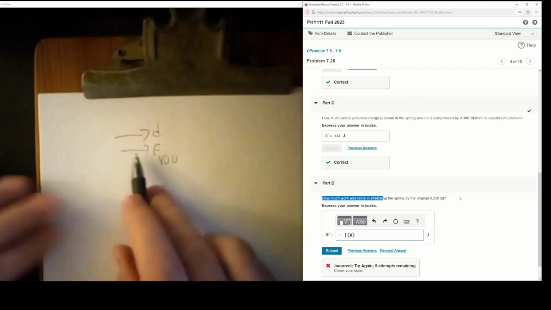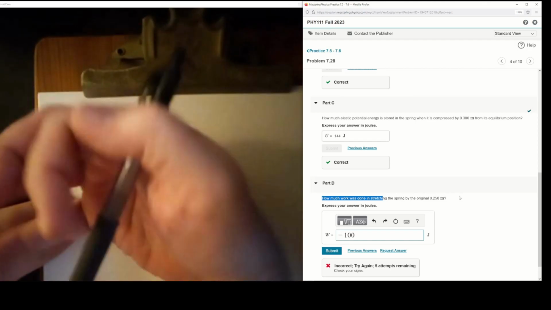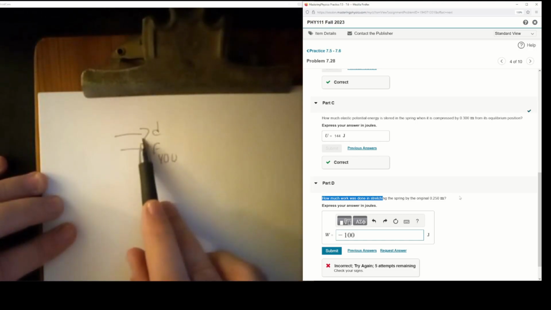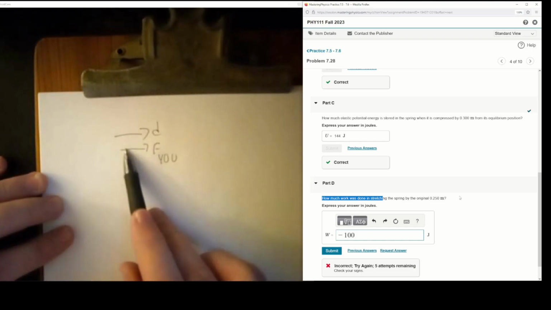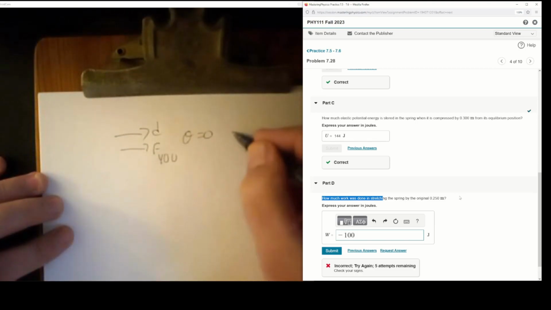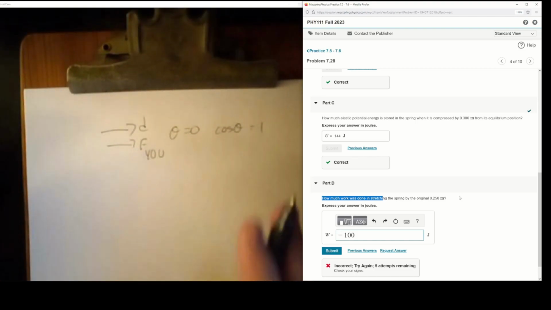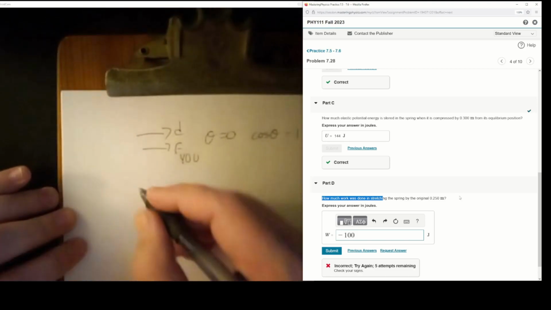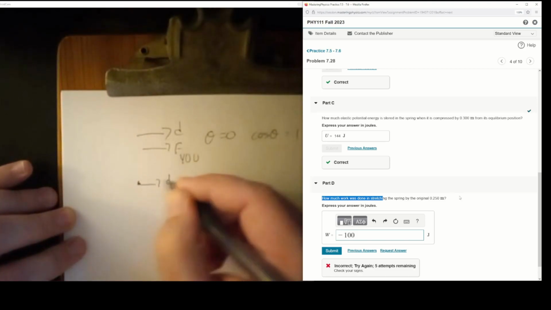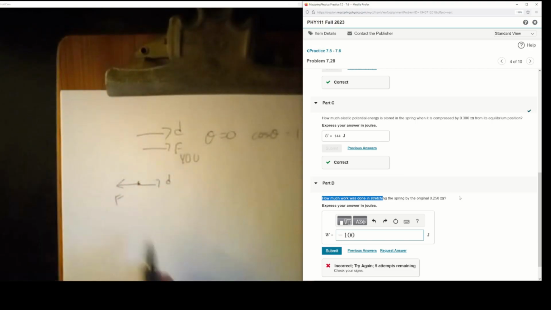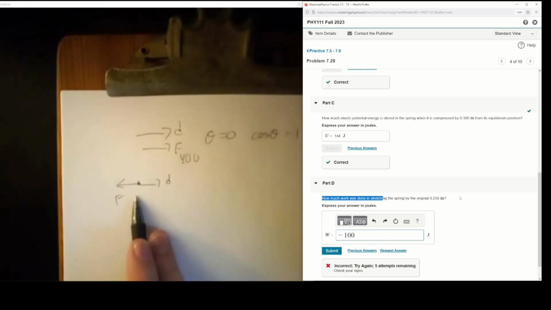If you're pulling on a spring, you're pulling it in the direction of displacement. In this case, connecting these vectors tail to tail, their angle is 0, and cosine 0 gets us 1, and so our number would be positive for that. So the work you do on a spring is positive, but the work the spring does is negative because the spring is trying to work against how you're pulling.